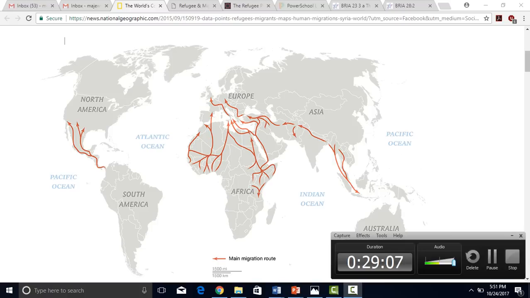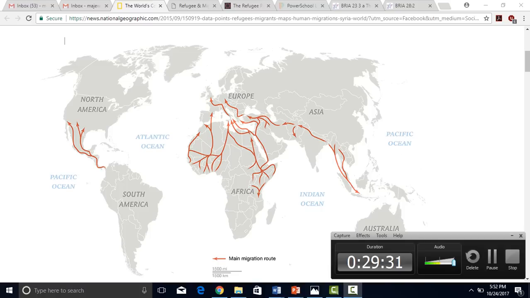Other massive migration routes or flows, Sub-Saharan Africa, right? Depending on where you are in Sub-Saharan Africa, you'll head to Europe. Usually those in Western Africa and Central Africa move to Western Europe. Usually those in East Africa or underneath that will head into Eastern Europe.